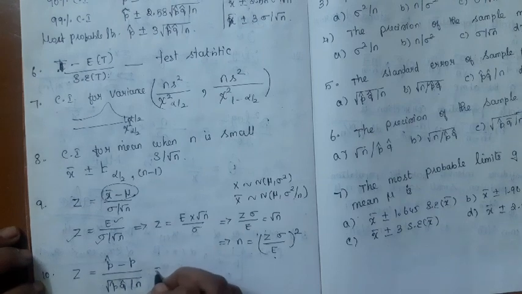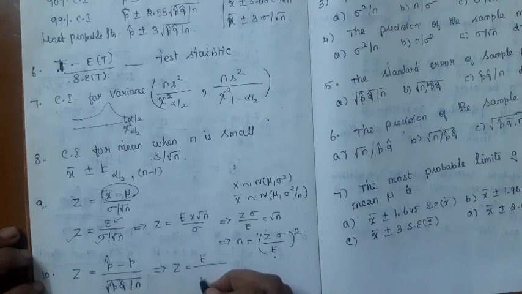Z distribution. So here again I take this as E, the precision that is required, the sample error, the difference between the statistic and the parameter, divided by root of P cap Q cap by n.